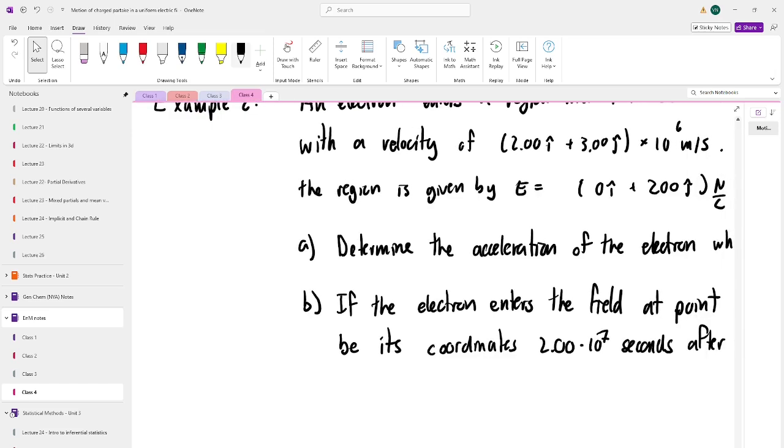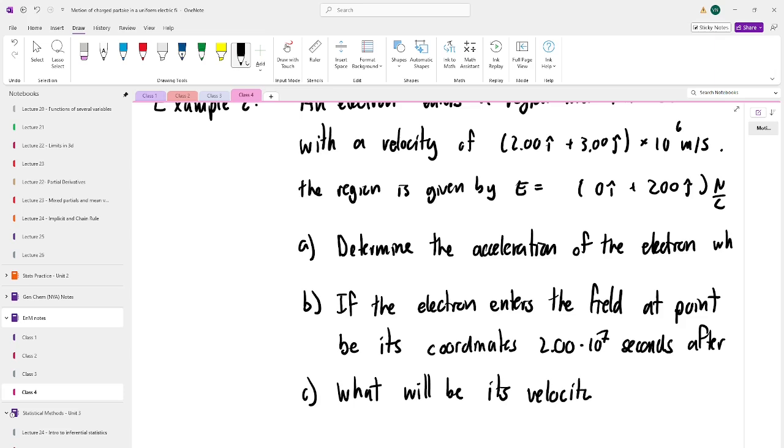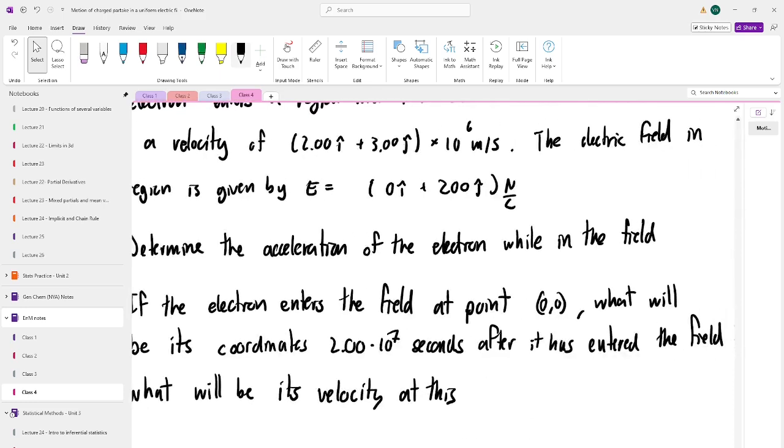And then they're asking what will be its velocity at this time.